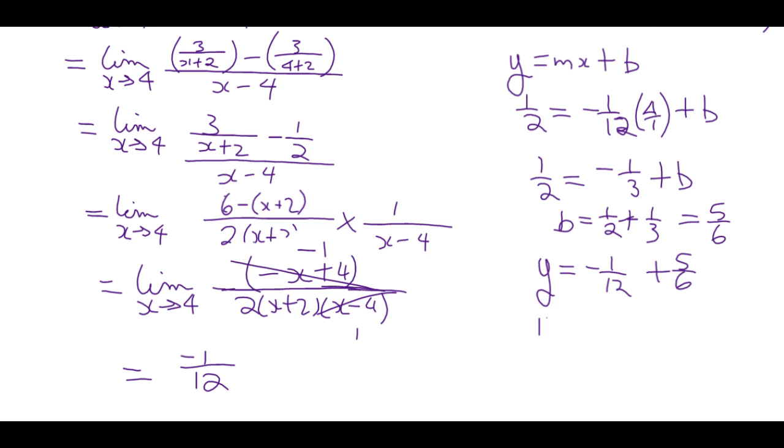So we're going to multiply through by 12 to remove the denominator. 12y is equal to negative x plus 10, so x plus 12y minus 10 equals 0.